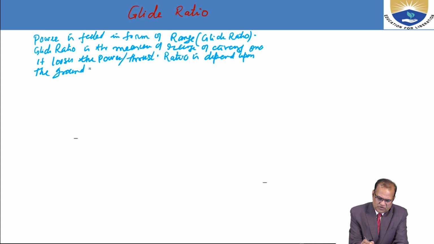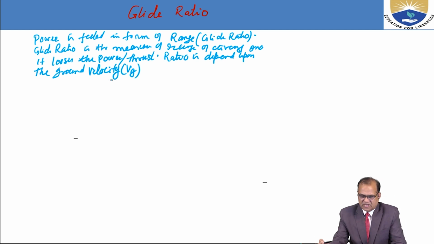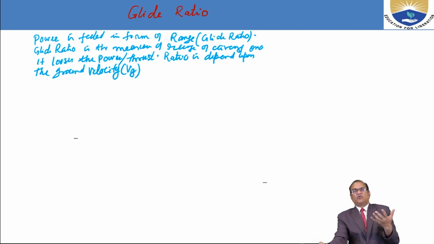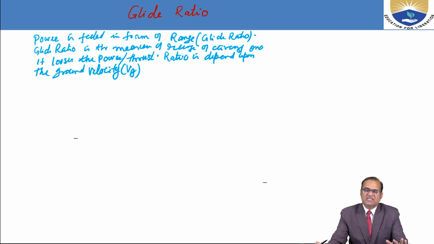That we have to understand. A new term has come, ground velocity, and it is represented by Vg. In case there is no wind condition, the atmosphere is not producing any wind, Vg will be equal to V.